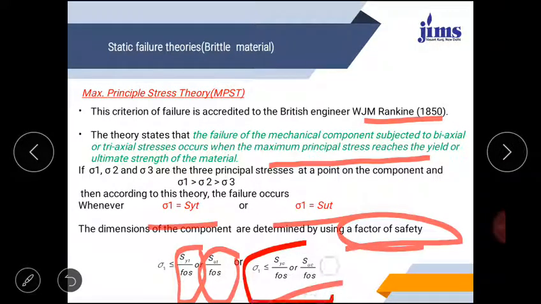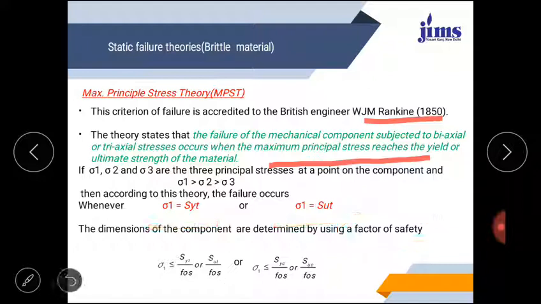This is written for the compression situation, meaning yield strength in compression and ultimate strength in compression; that is what the symbols stand for. It means the maximum principal stress should be less than SYT upon FOS. These equations can be used to find the dimension of the component in case of brittle material.